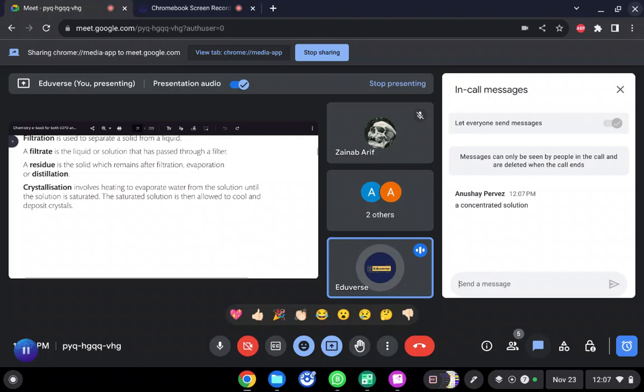So how do we know that the solution has become saturated? Here I am giving you a tip which may come in your exam. For example, we are doing crystallization and continuously heating it. Now a point has come where we realize the point of saturation has come. So I will pick a glass rod and dip it into the solution in the evaporating basin.